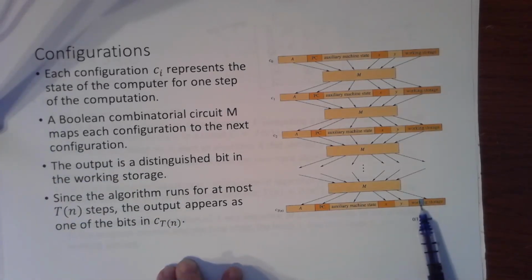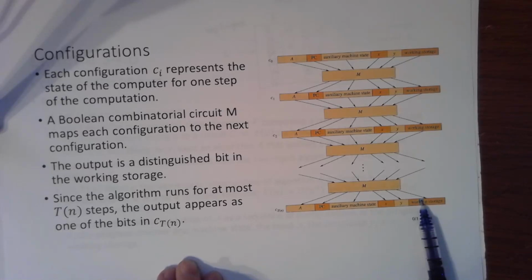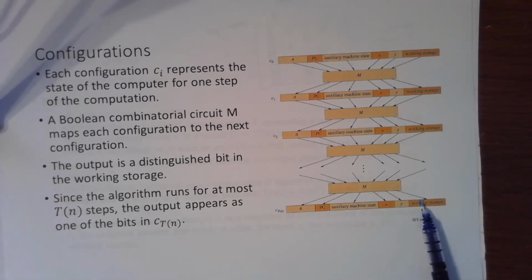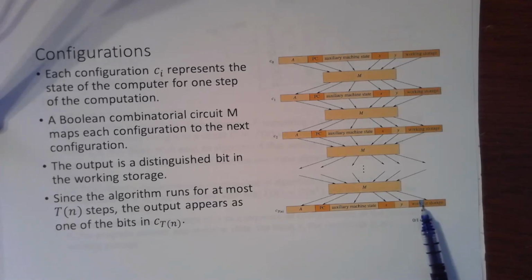So there's some bit in the working storage somewhere that holds the answer that A computed. That's going to be either a 0 or 1, and that will be the one we're particularly interested in, because that bit tells us whether language L accepted input X or not.